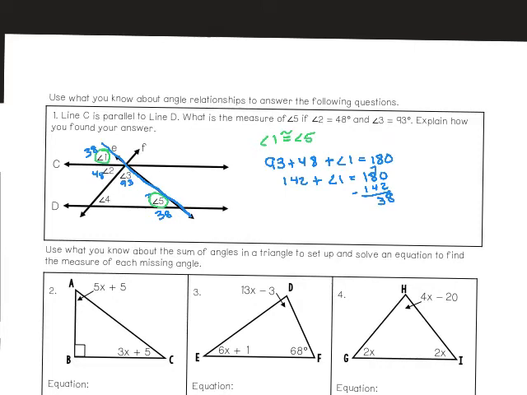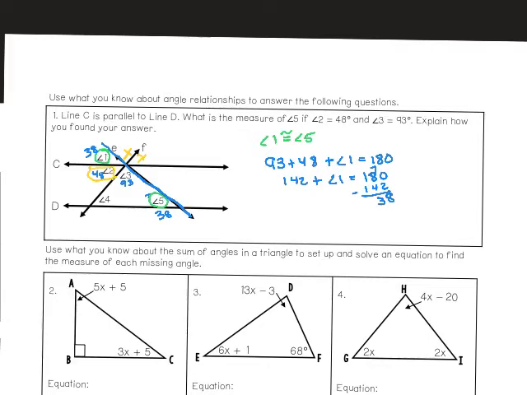Because of corresponding angles, we know that angles 1 and 5 are both the same. So then how can I determine angle 4? Well, I don't have any angle here to be alternate exterior. I don't have any angle here to be corresponding. I could probably use, does it work? Yep.